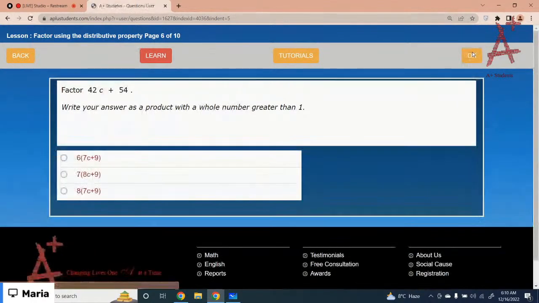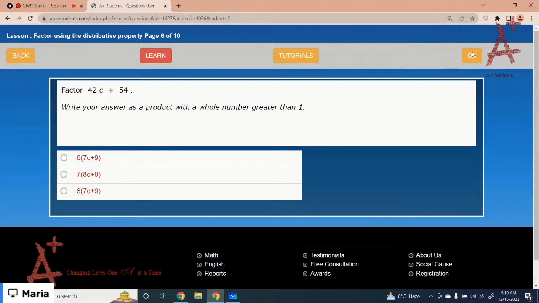Got it? Good. Okay, the next one is 42c plus 54. So 6, I think. Yes, 6 times 7 is 42 and 6 times 9 is 54. Okay, for the 42c plus 54, which is the correct option?